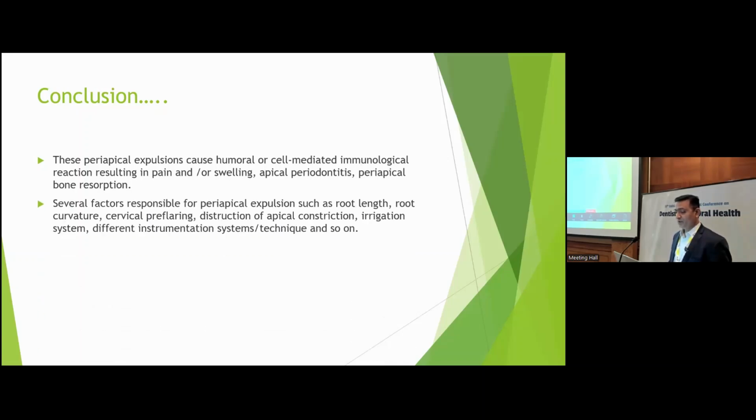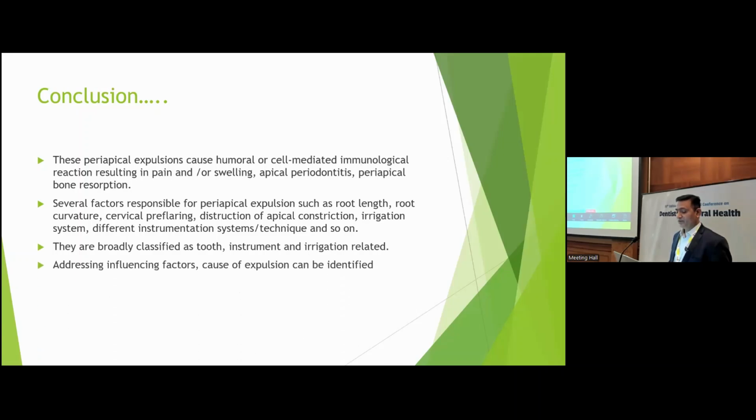Several factors responsible for periapical expulsion are root length, root curvature, cervical preflaring, destruction of the apical constriction, irrigation system, different instrumentation systems, and so on. They are broadly classified as tooth, instrument, or irrigation related. By addressing the influencing factors, the cause of expulsion can be identified. Periapical expulsion and flare-up can be avoided with proper precaution.